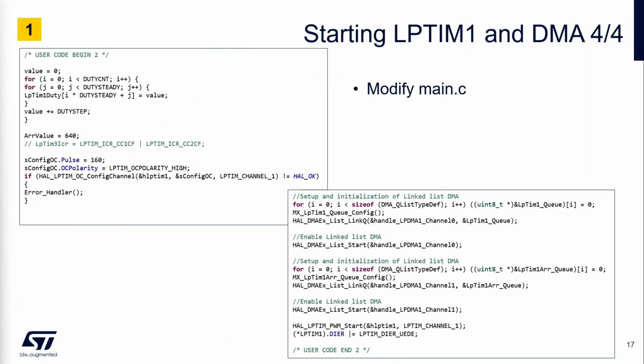And last step is a copy of the user code, which prepares the array with duty cycle values, sets necessary variables, starts the low power timer, and starts DMA to change the parameters of the generated pulses.